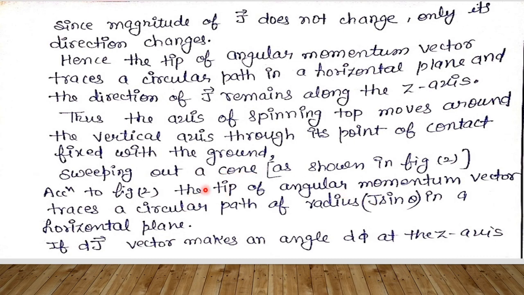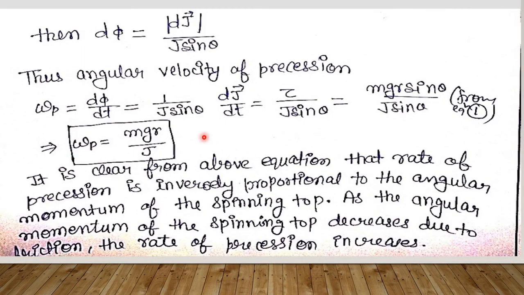The tip of the angular momentum vector traces a circular path of radius J sin theta in a horizontal plane. If the dJ vector makes an angle d phi at the z axis, then d phi equals dJ upon J sin theta. Thus, the angular velocity of precession will be omega p equals d phi upon dt, which by putting in the value of d phi gives tau upon J sin theta, because dJ upon dt equals tau.